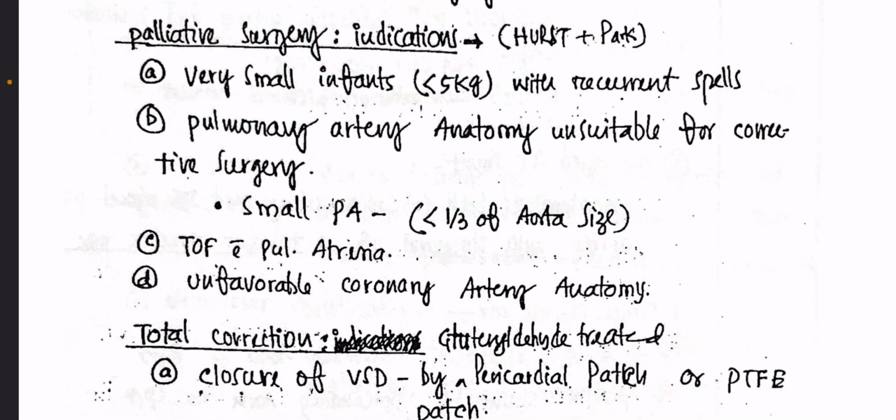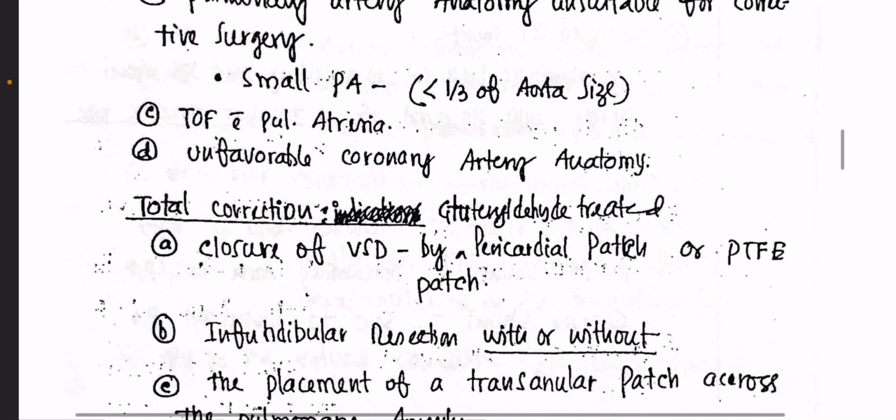Small pulmonary artery, that is, less than 1/3 of aortic size. TOF with pulmonary atresia. Unfavorable coronary artery anatomy. In these cases, we can do palliative surgery.